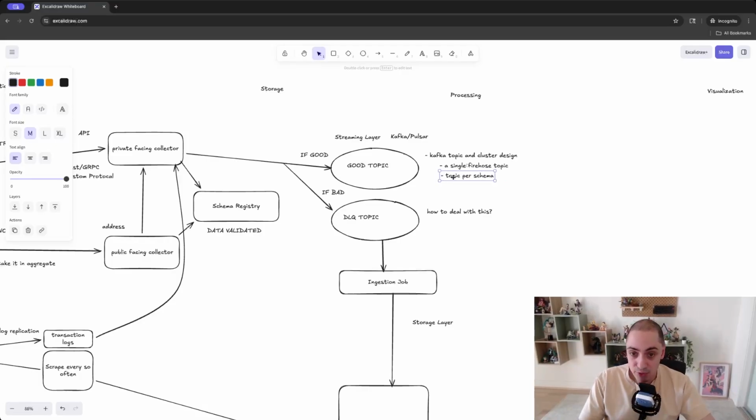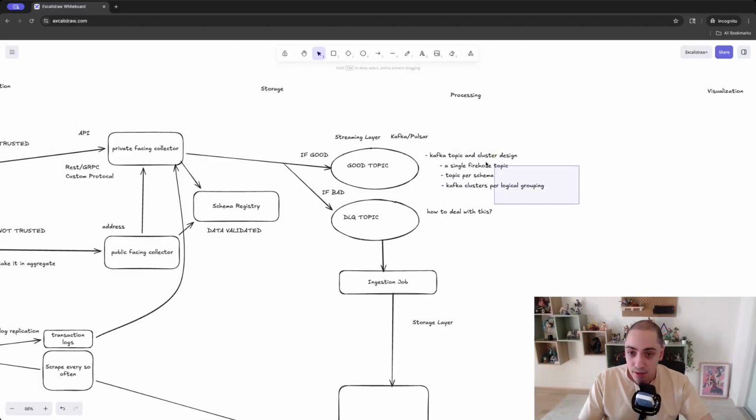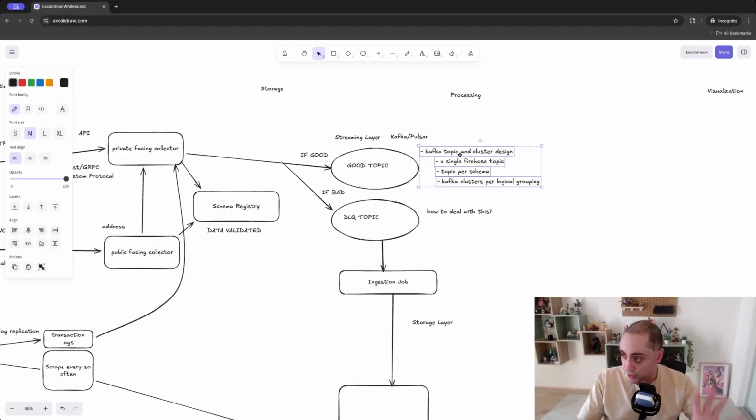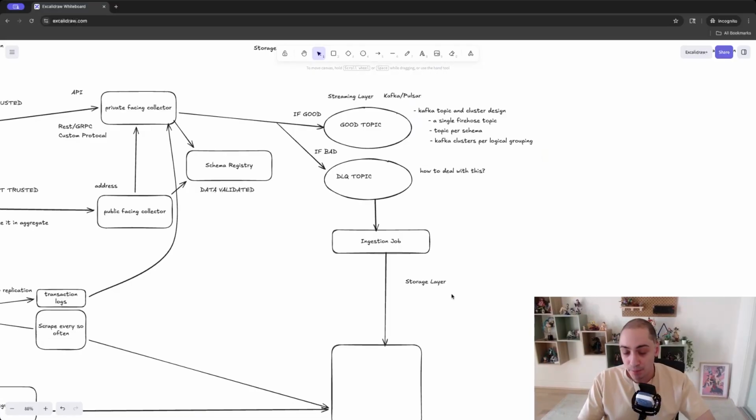That might be an option. And then even on top of all that, you might have Kafka clusters per some sort of logical grouping. Like maybe you'll have a Kafka cluster for your microservices, or maybe even sharded by something. But there's a lot in terms of how this is designed that I'm not going to go into right now. I'm just kind of simplifying that part.